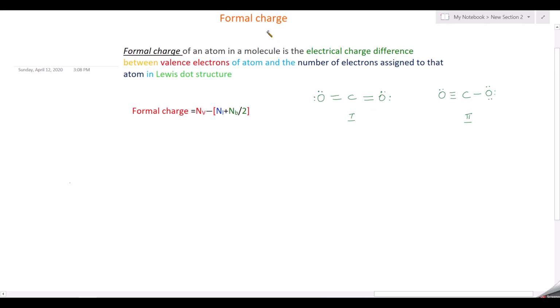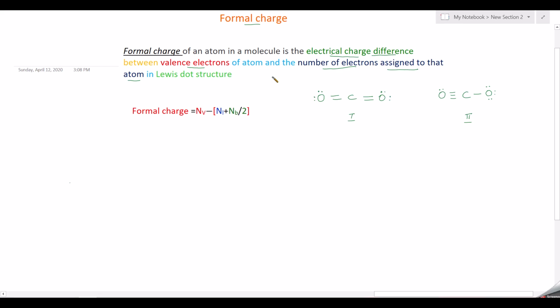For that we have to find out the formal charge of all atoms in these structures. So what is formal charge? Formal charge is nothing but the electrical charge difference between the valence electrons and the number of electrons assigned to that atom in the Lewis dot structure.